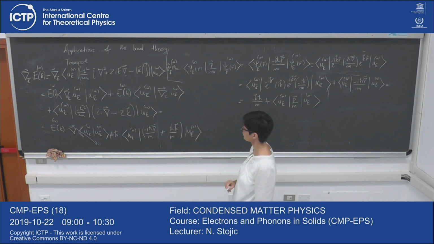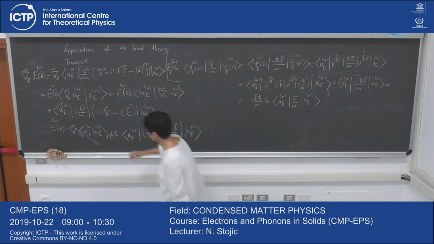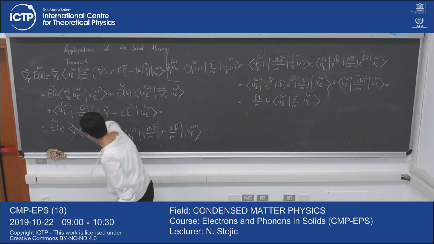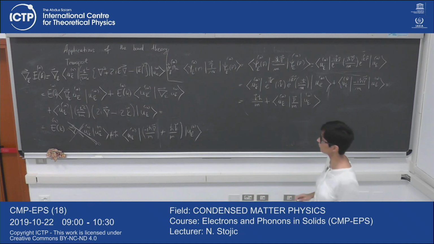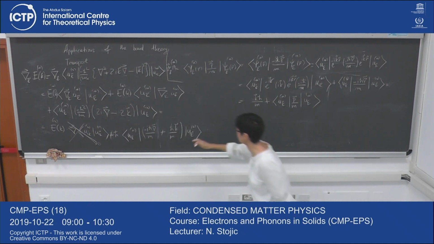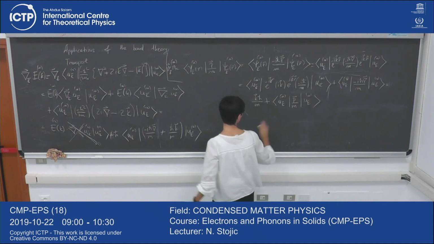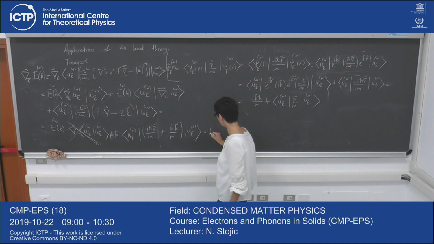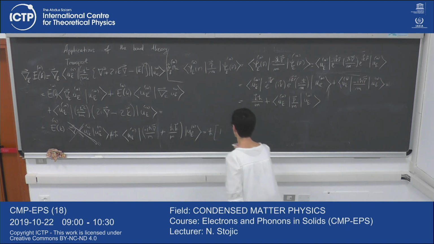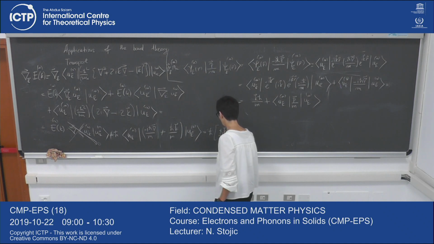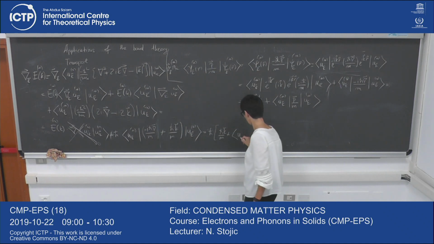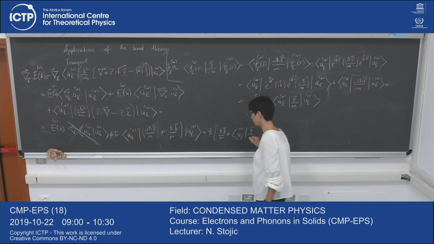Okay. So this is 0. I don't want to get that. It's not contributing. The gradient of energy is equal to this. And this is something very similar to this. It's equal to h times h k to the power n plus this, a bit weird, matrix element.